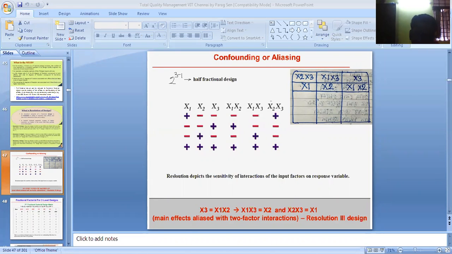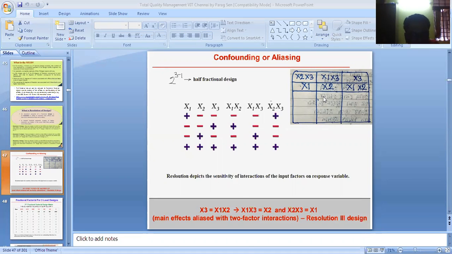Suppose you have two factors, x1 and x2, and you are conducting a full factorial design. What will happen? There will be 4 runs: high-high, high-low, low-high, low-low. This kind of all possible combinations you will have.